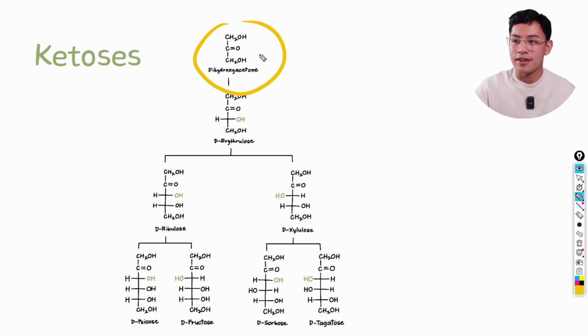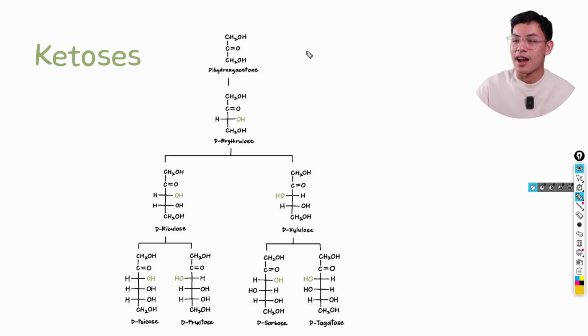And this is significant because if you look at its structure, it has 2 identical attached groups, which means dihydroxyacetone is achiral. And because it's achiral, the family of ketoses generally has fewer stereoisomers than the family of aldoses, as shown in the diagram here.